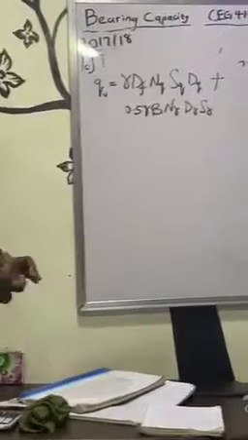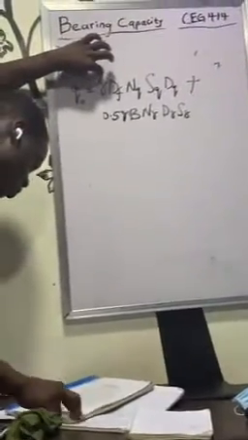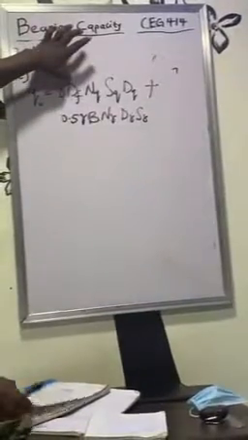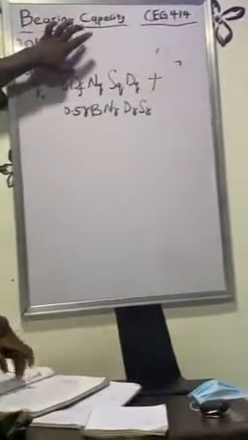Now this is your unit weight. Unit weight is given in the diagram. Then Df is the depth. As you can see in the diagram, Df is 1.4. That's the depth of the foundation. NQ, you can get out. SQ is the shape factor. DQ is the depth factor. All these things will be solved as we go on.